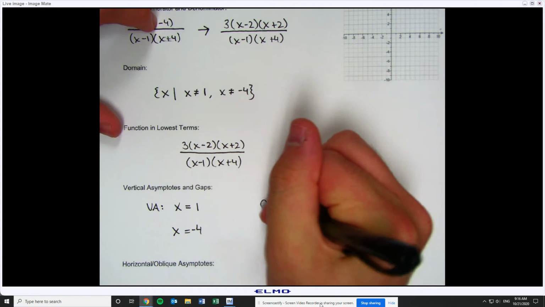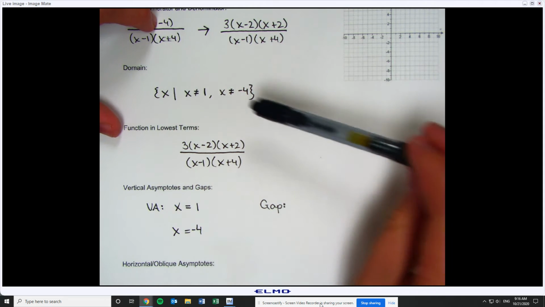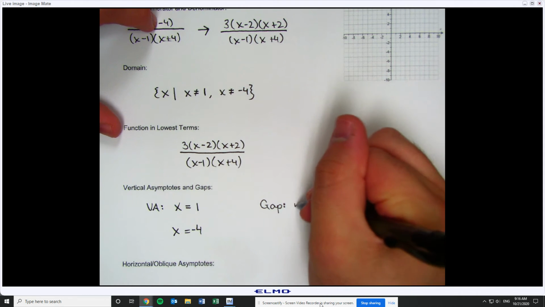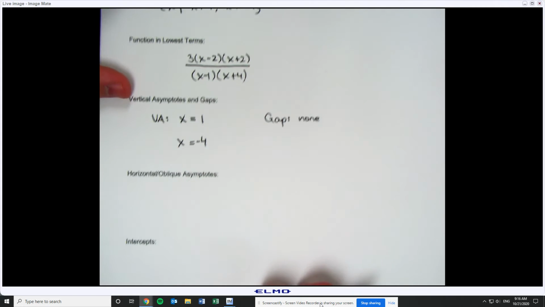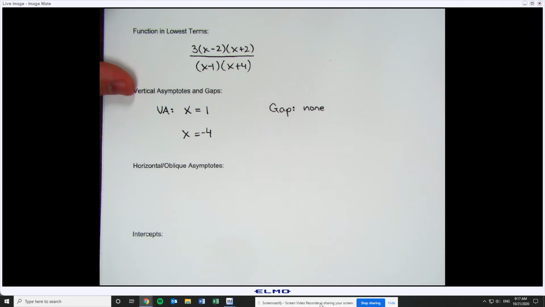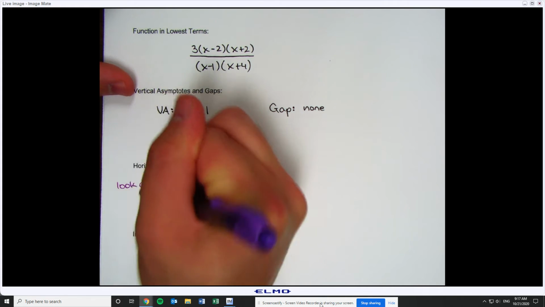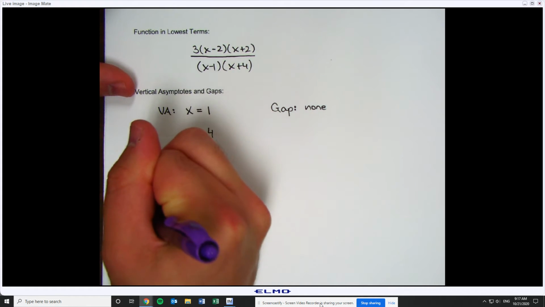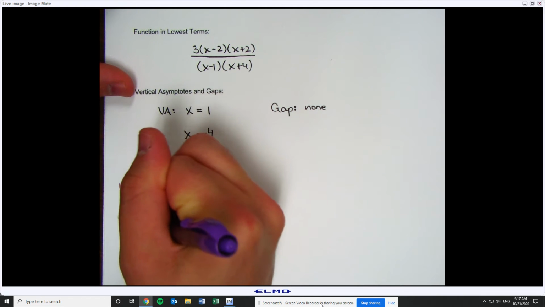Now for a gap, since we didn't cross anything out, we don't have any. So there's none. Done. Okay, so now we can look at the oblique and horizontal asymptotes. What we're going to do is remember, look at the original function.